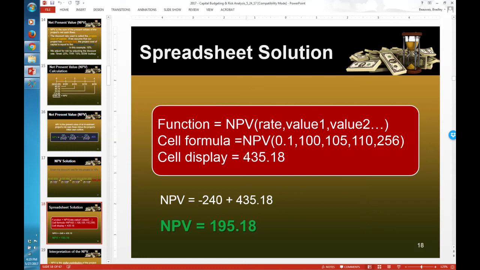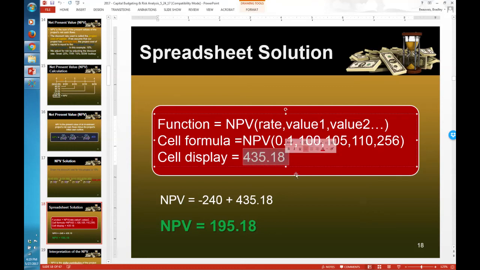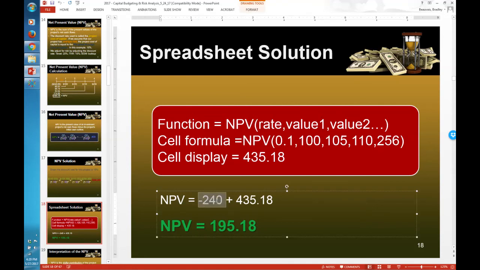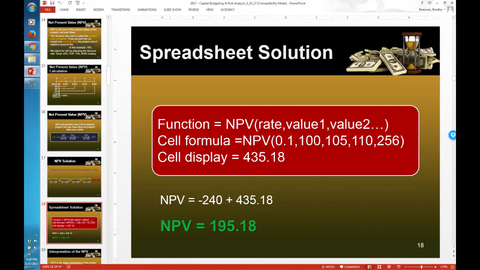And we end up with a cell display of $435,000.18. But as we learned early on, this is only including years 1, 2, 3, and 4. We then have to go back and add in our time period 0 to arrive at our final net present value of 195.18, which is what we found up here just by doing things longhand.